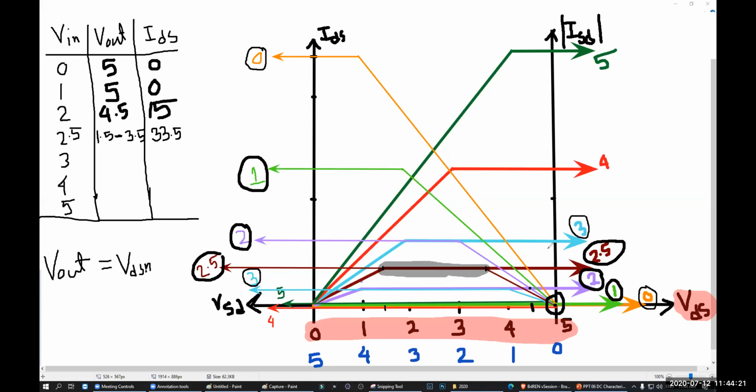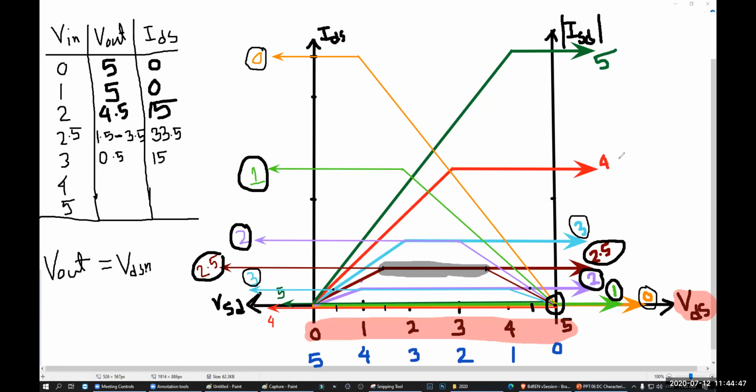Where do they intersect? See where the two teal lines intersect. Somewhere here, right? 0.5. Can you see that? Yes, sir. So we can call it 0.5. What is the current? 15. 15.